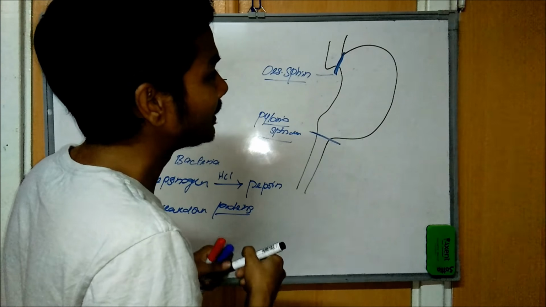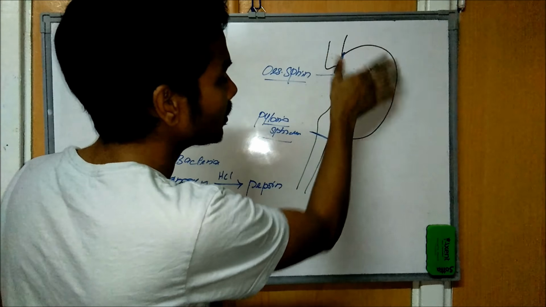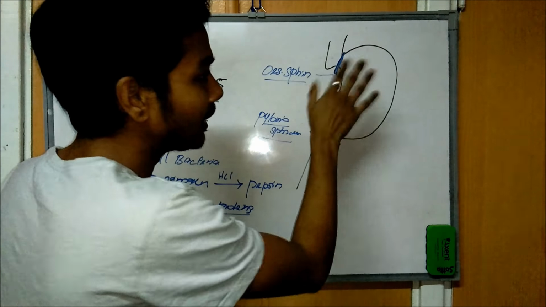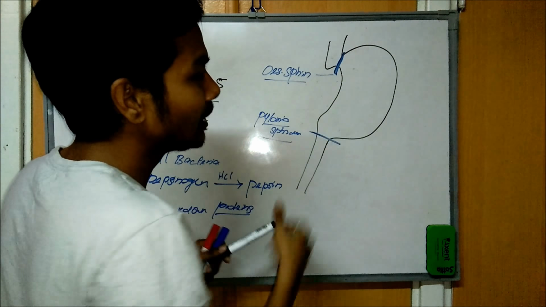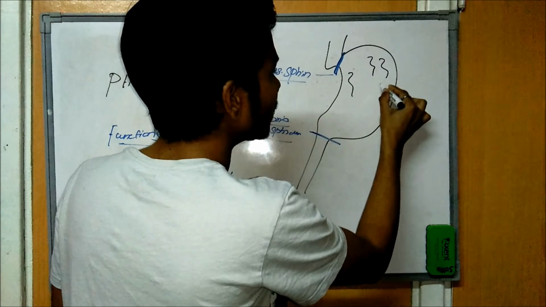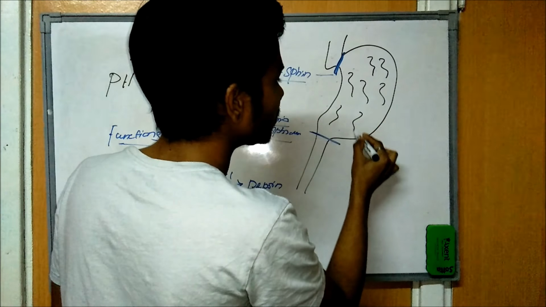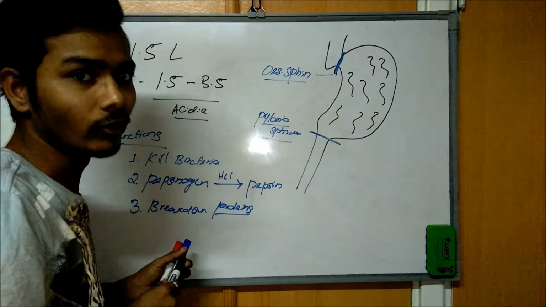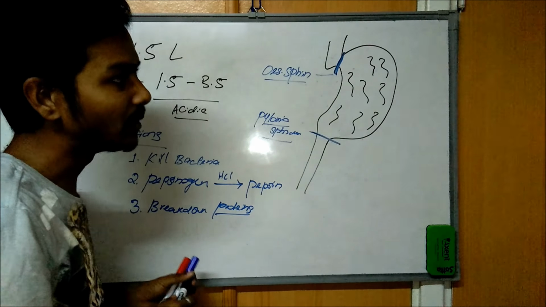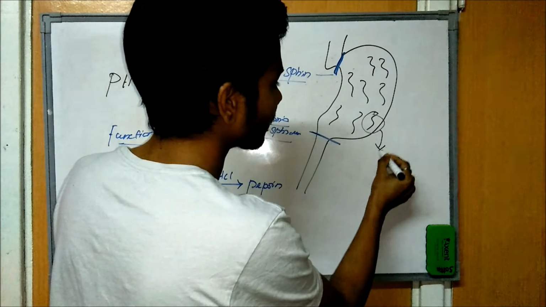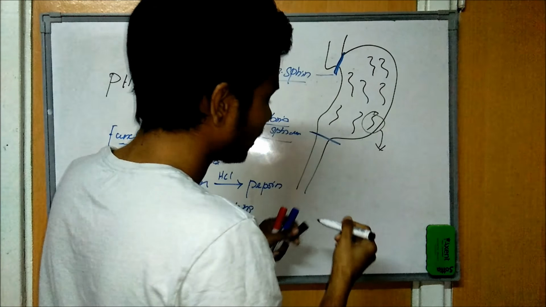In the stomach, we have smooth muscle layers. We have three layers. When I take these layers, you can see the folds, which are called gastric folds or gastric pits.